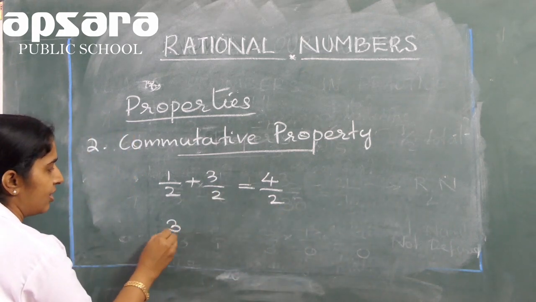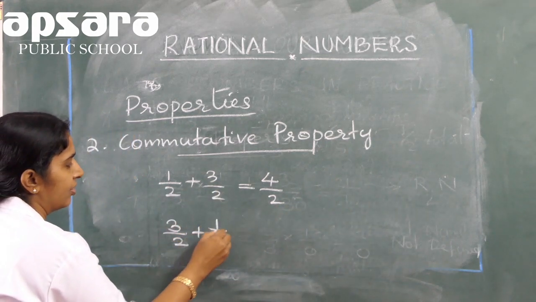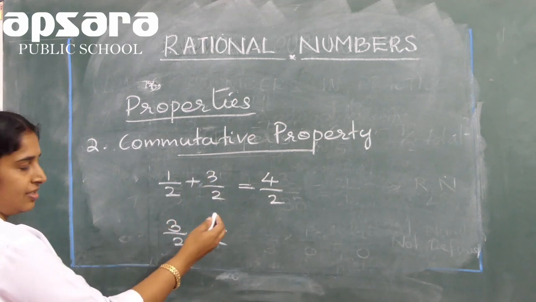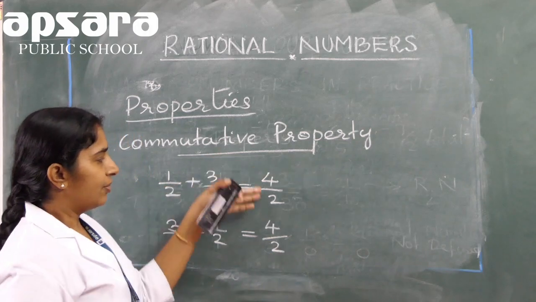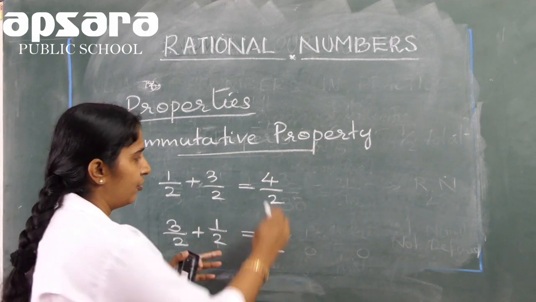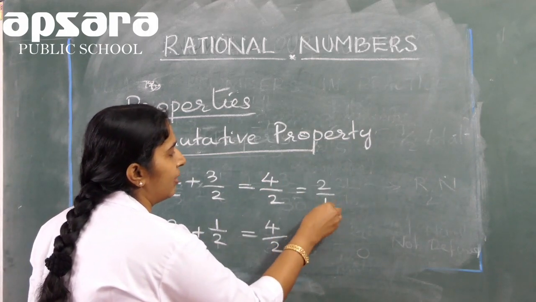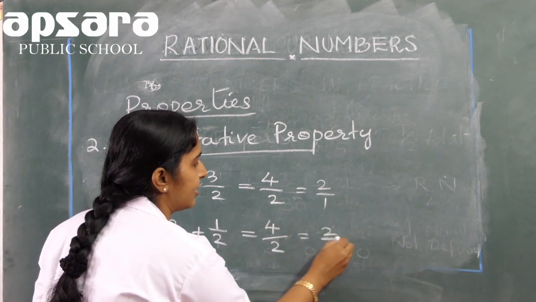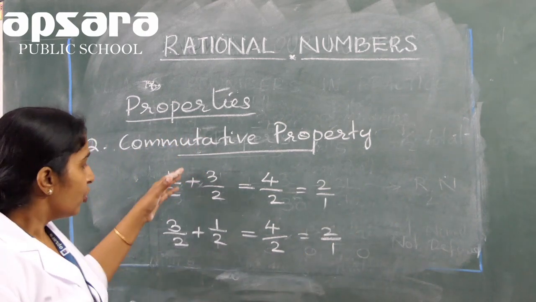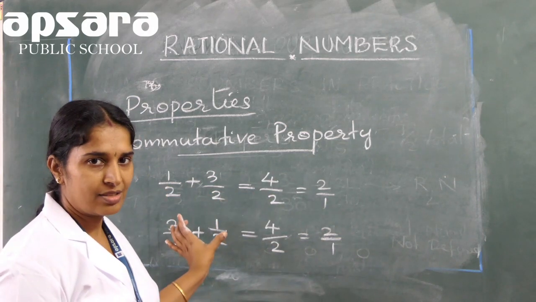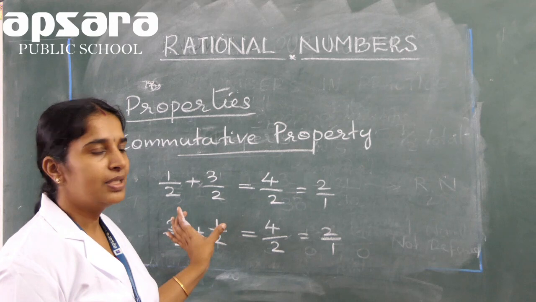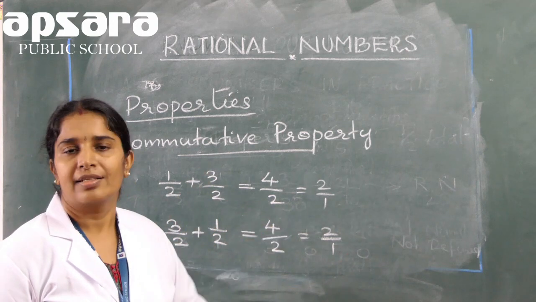Same rational numbers, if you add in different order, taking 3 by 2 first, plus 1 by 2, you will get the same answer. 4 by 2, right? 4 by 2 is equal to 2 by 1, 2 itself. Here also it is the same, which is equal to 2. So in both the cases, the answer is same. When you have added two rational numbers in different orders, the answer is same.